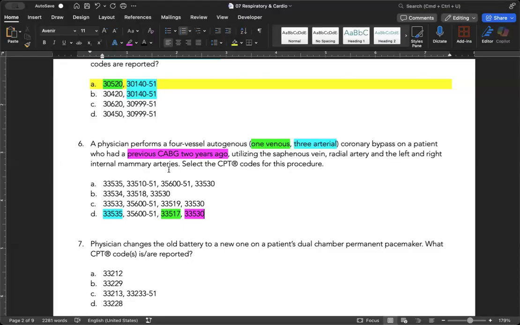And it should not be reported as a separate service or co-surgery, except when an upper extremity artery is procured. So the saphenous vein is in the leg. The right and left internal mammary arteries, those are in the chest. But our radial artery is in our upper arm.